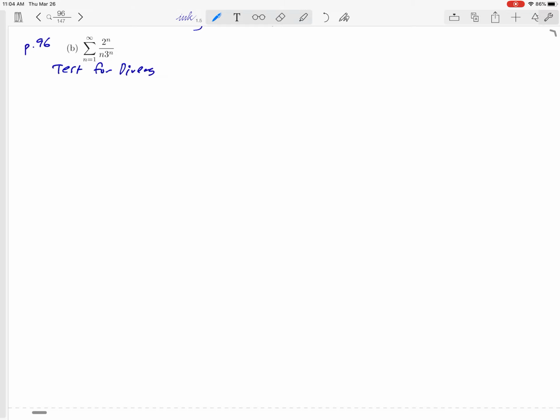So we might start with the test for divergence and try that, since that's at the beginning of our list. Would that work? Well, let's see.